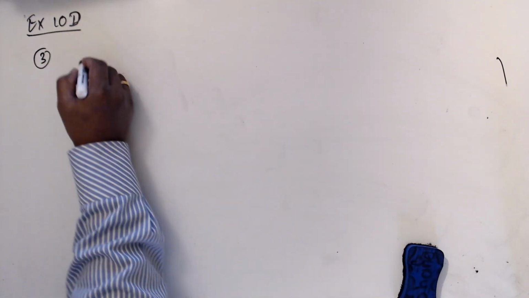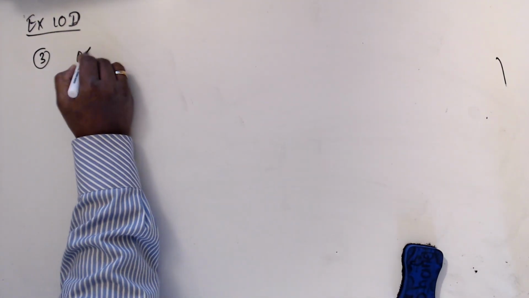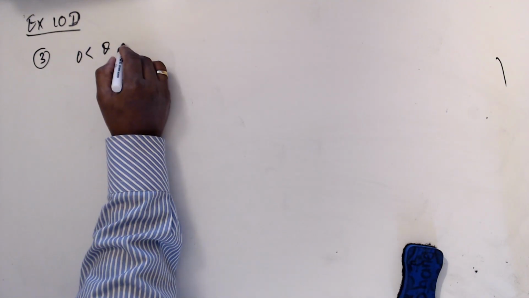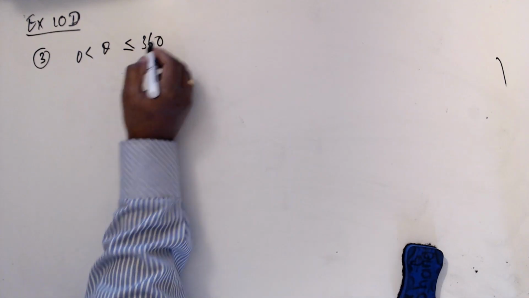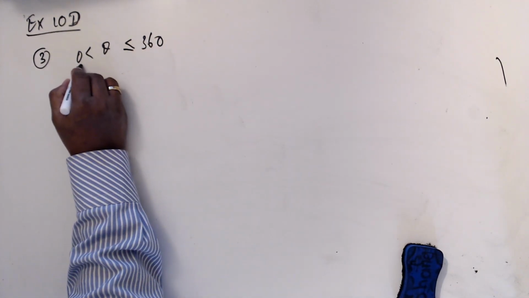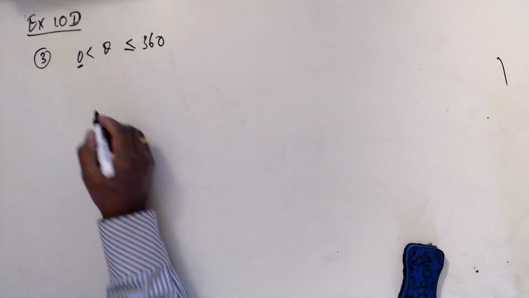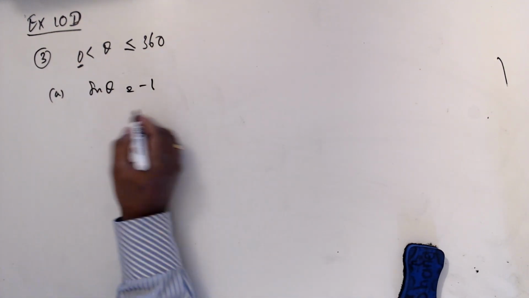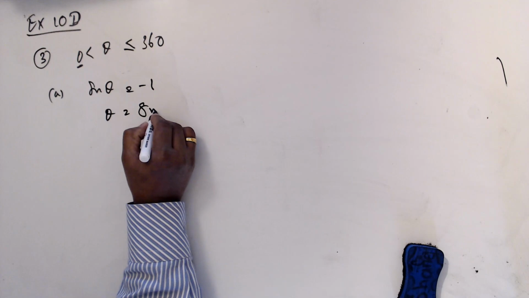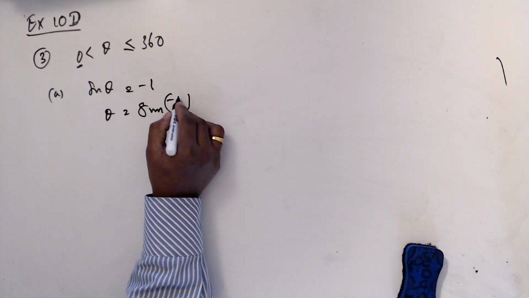Question number 3. So we have to solve the equations. The range is theta less than 360, it can't be equal to 0. So A is sin theta is minus 1. Theta equal sin inverse minus 1.